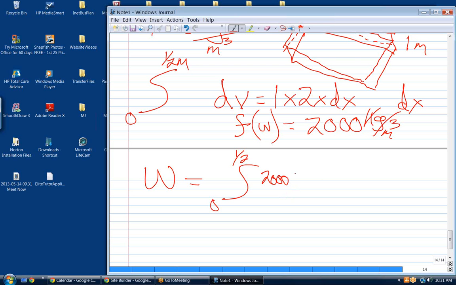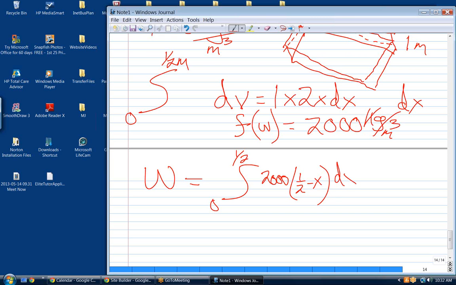Well, for the first slab, the distance that we have to lift it is 1/2 minus x. In other words, if we think of lifting the first slab, the middle slab first, x is 0, right? And the final slab, x is 1/2. The final slab, there's no work required because it's already on the top. So there's no work required to push it over.